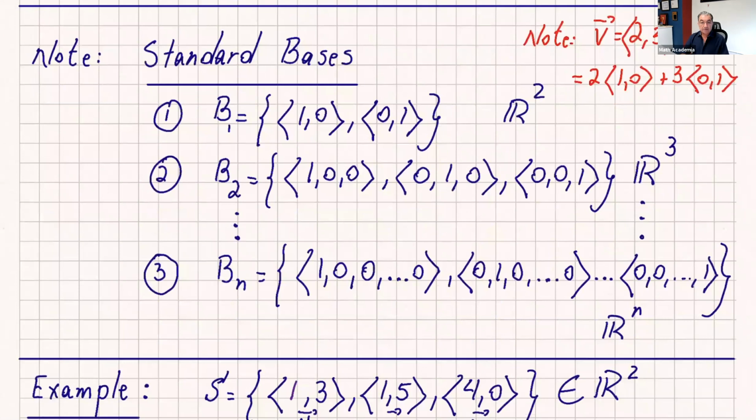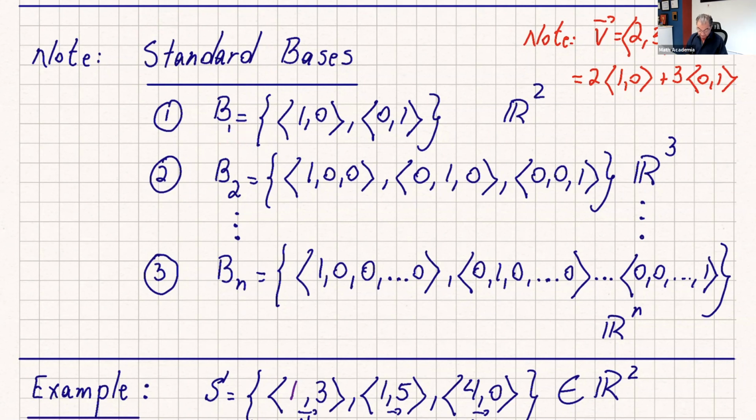I have a little note for you here. In R2, the standard basis, so remember that's like a definition, is (1, 0), (0, 1), because any vector in R2 can be written as a linear combination of these two vectors. Basically, the standard basis is the simplest basis possible. And I did call that B1.